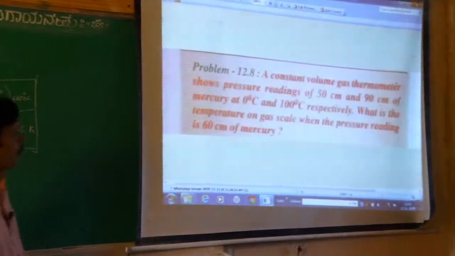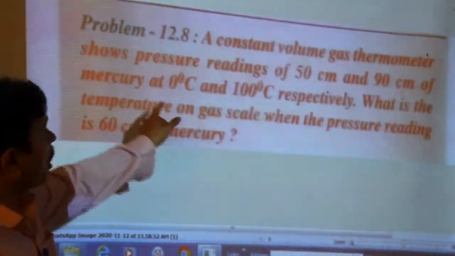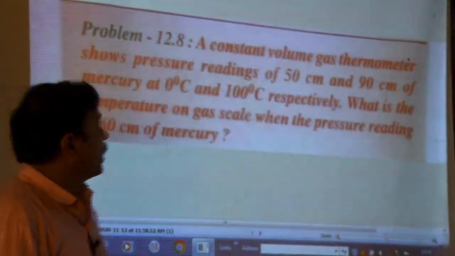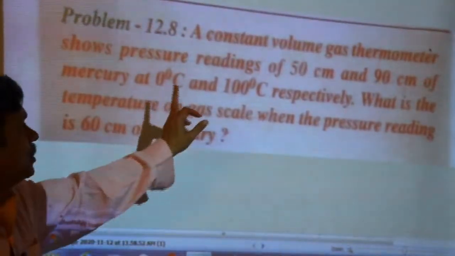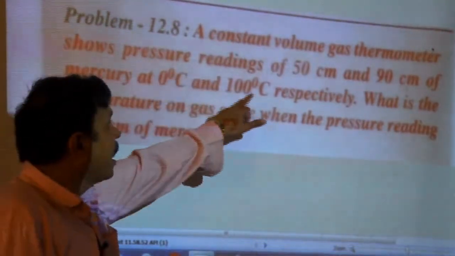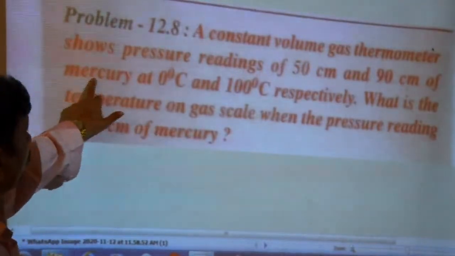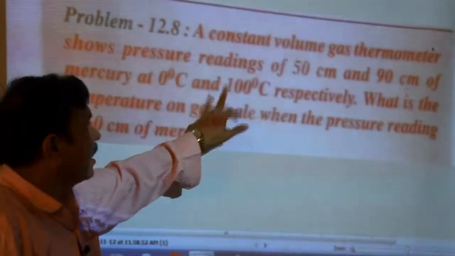Well, now here there is a problem. A constant volume gas thermometer is showing pressure readings of 50 centimeter and 90 centimeter of mercury at 0 degree and 100 degree.